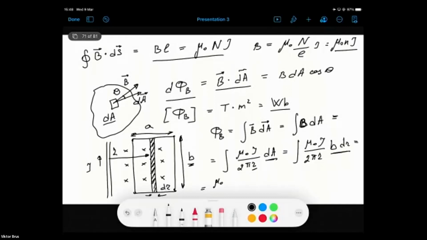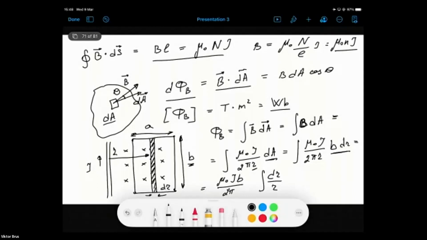Mu naught times I times b, because this is the height of this frame, divided by 2 pi. And here will be the integral of dr over r.